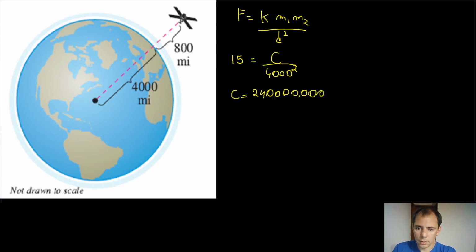So if C is 240 million, I can just say that F equals 240 million divided by x squared. This is going to be the function according to the distance from the core.